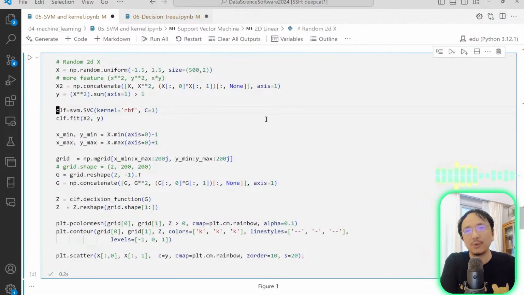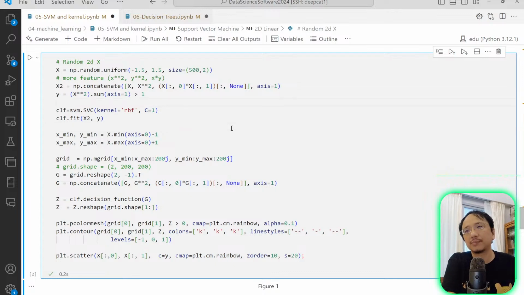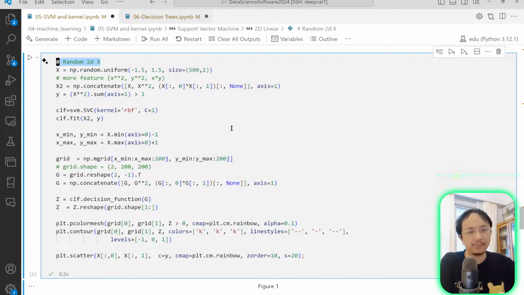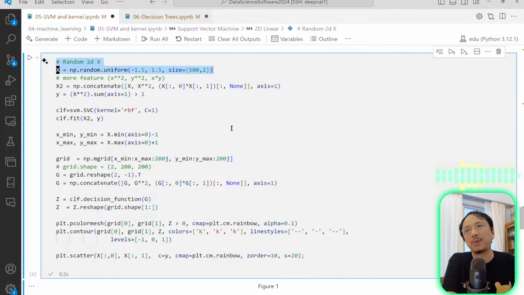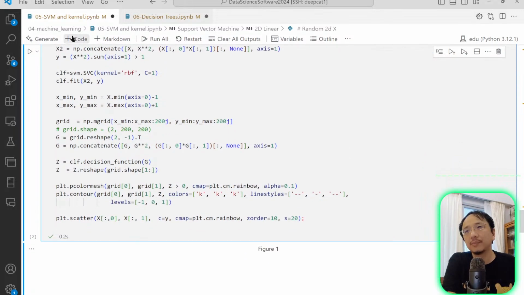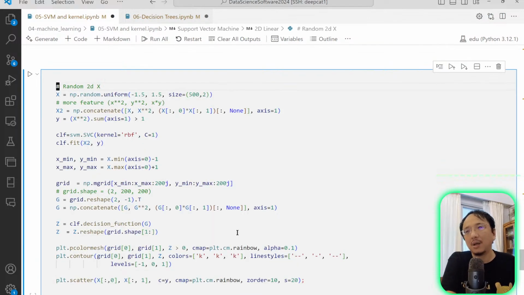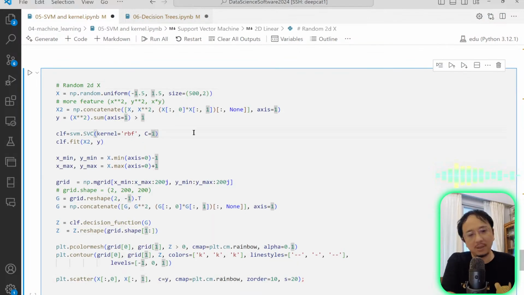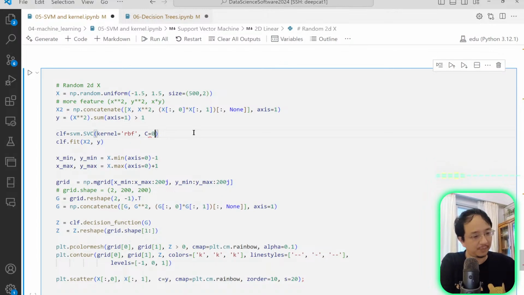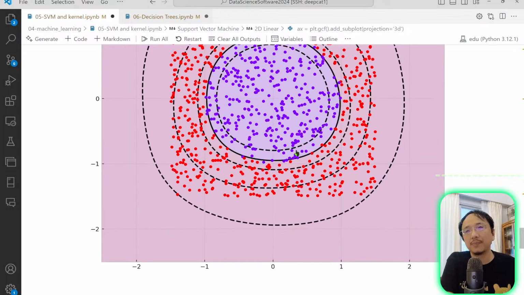I'm not sure which C is better. Let me copy this cell to another one because I want to keep this graph, and put a different C here.